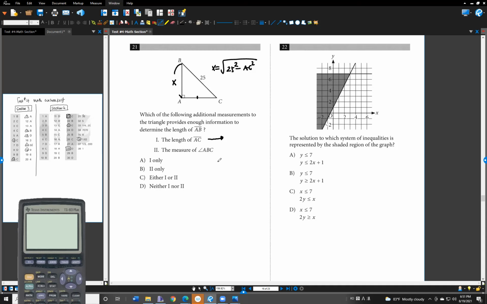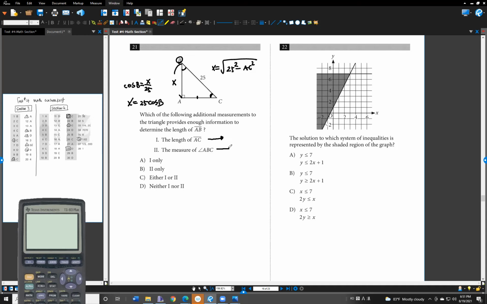Or if you have any angle, right? ABC, if you got this one, you can use cosine theta, isn't it? Cosine B, if you know this one, cosine B equals adjacent over hypotenuse. So this length can be obtained by 25 times cosine B, isn't it? Or if this angle is known, you can use sine C, isn't it?